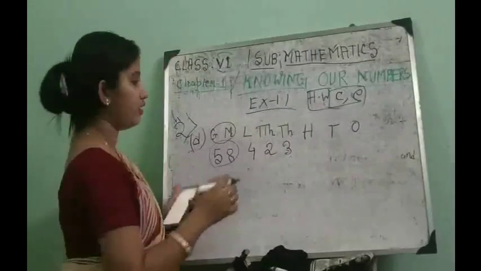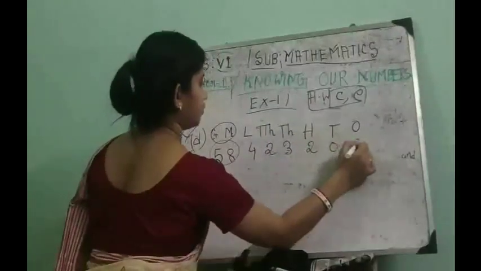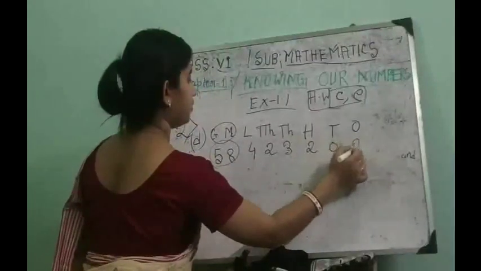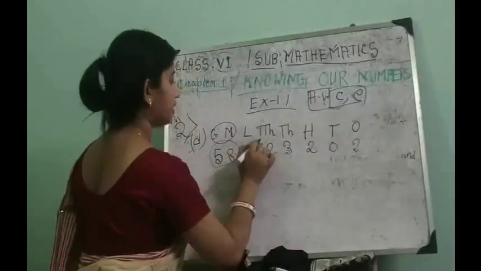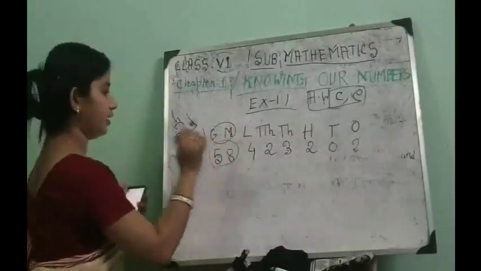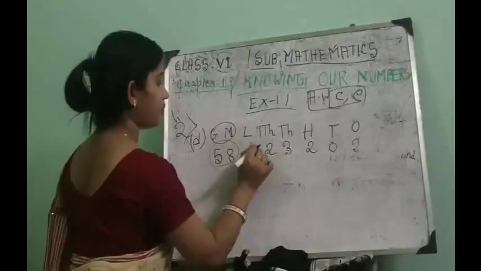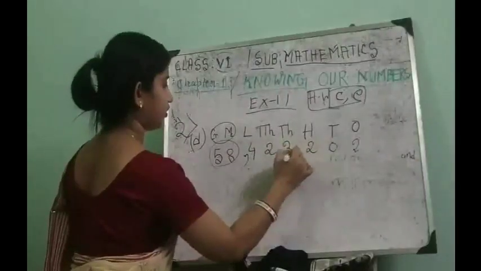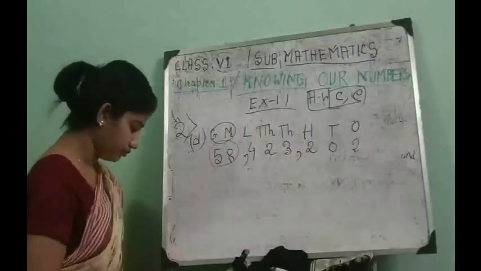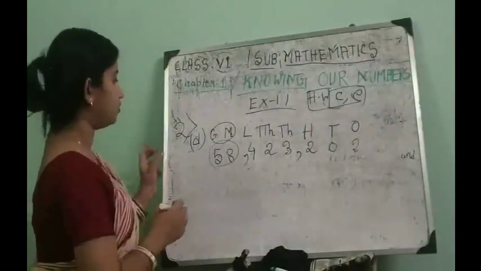And 202. This is 100 place. So this is 423,000. This is 58 million. 58 million 423,202.